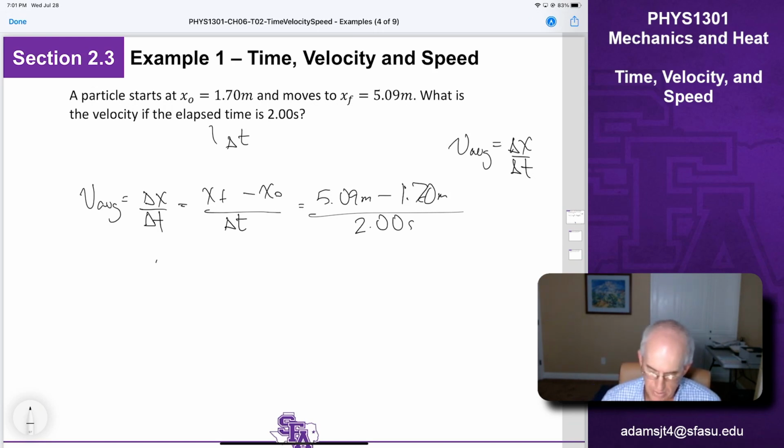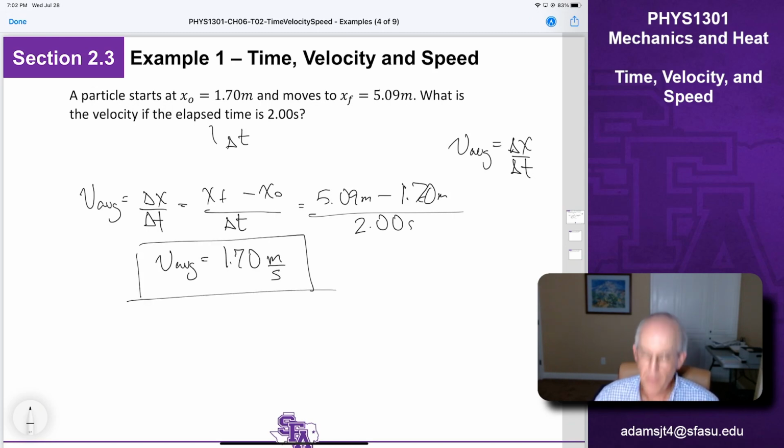And what I find is that my average velocity is just 1.70 meters per second. And I put that final answer into a box like that so I know that I'm done with the problem. This was a nice problem in that I didn't really have to do any algebraic manipulation. Everything was all lined up.